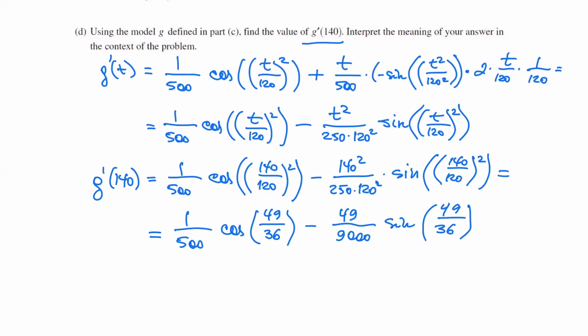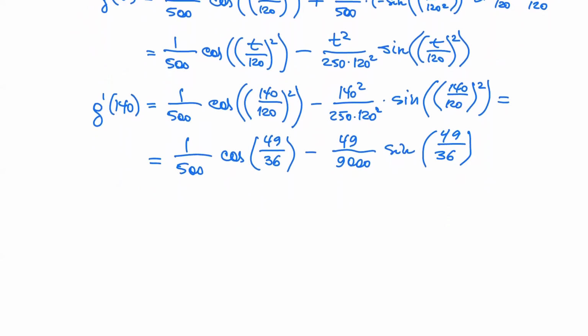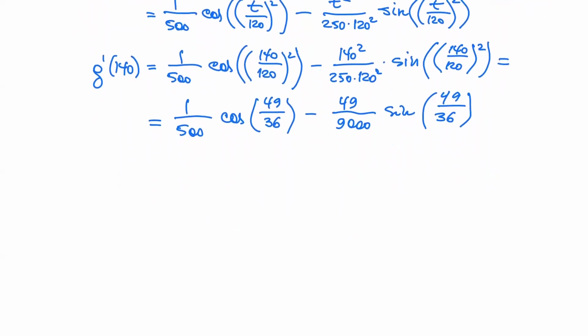We can pull our calculators out, but this is a pretty straightforward calculation. I did it, and this is equal to negative 0.004908, and rounding, approximately negative 0.005. What does this mean?